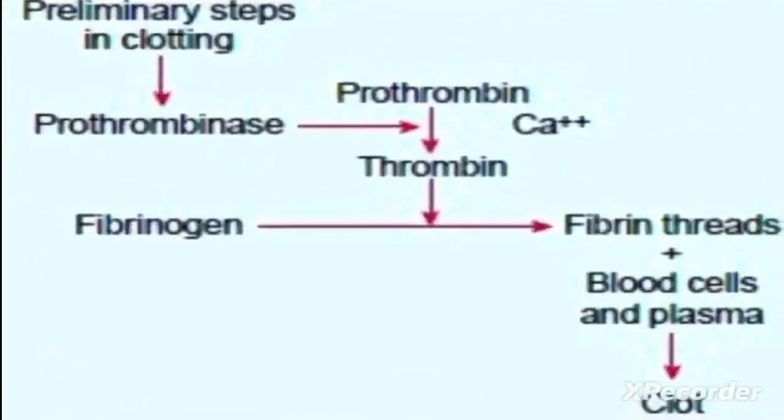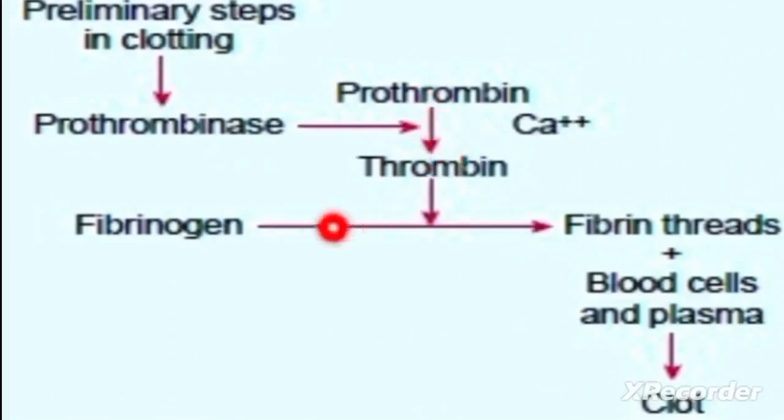So when the platelets are exposed to the cut or injury, the enzyme called thrombokinase or thromboplastin is released. The function of this enzyme is to speed up the conversion of prothrombin to thrombin.